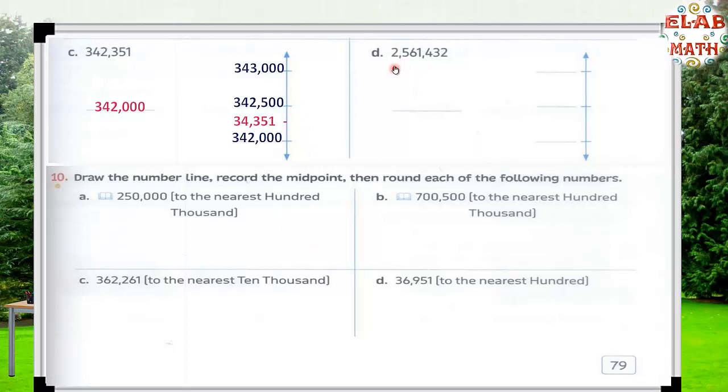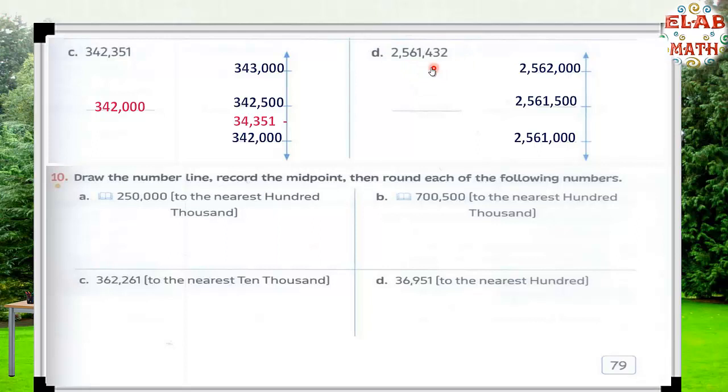We have here 2,561,432. You should write here 2,561, and here 62, like this. Down. And in the midpoint, write 5 instead of the 0 to be 500.